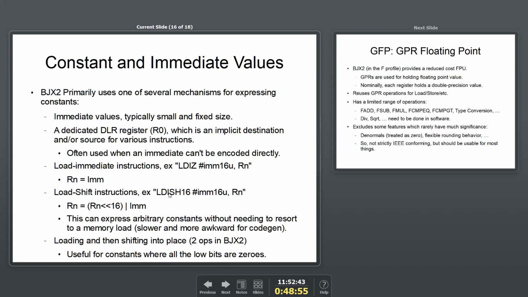Similarly, the traditional RISC style route of using memory loads is rather inconvenient. For example, you typically will end up dumping blobs of constants right in the middle of the code stream, which is a problem for things like branch length optimization.